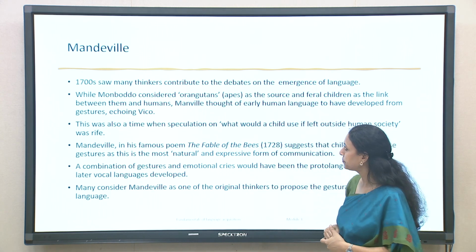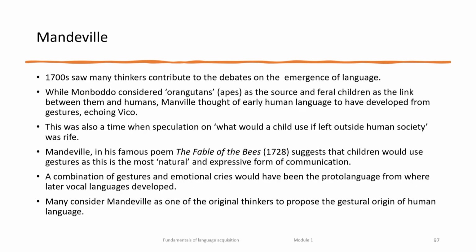Then comes Mandeville. This is another person who is in the same tradition and attributed to the natural emergence of language theory. Now, while Monboddo talked about orangutans and their monosyllabic vocalizations as the source of language, he also considered the feral children as some sort of a link between the apes and the humans of today. On the other hand, Mandeville talks about early human language as developed from gestures, much like Giambattista Vico said.